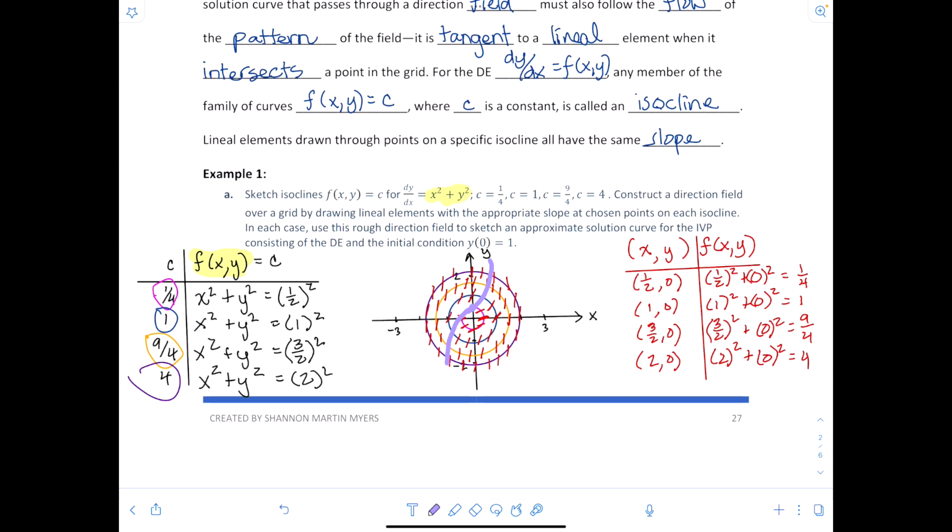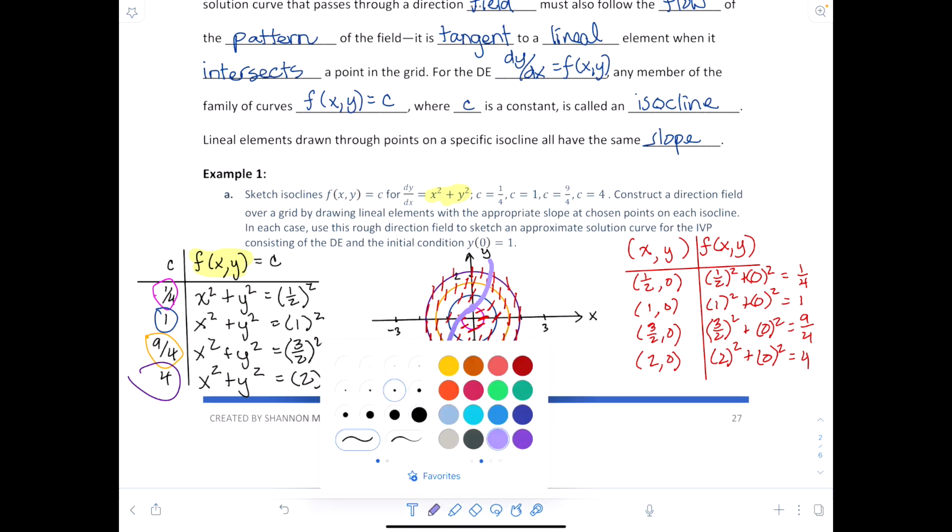And another really cool thing is that those isoclines basically allow you to make a bunch of these little lineal elements super quickly when you have that relationship going on. Cool, cool?